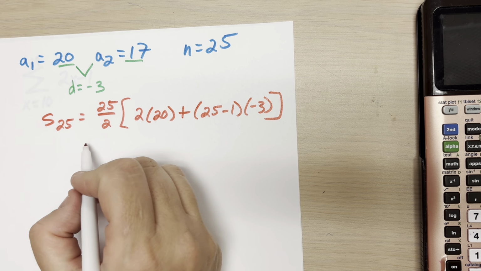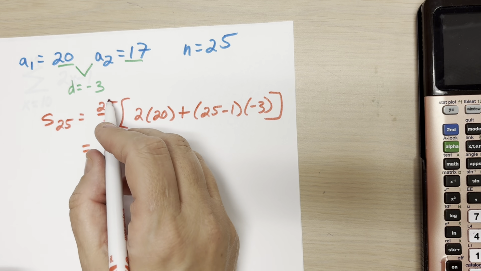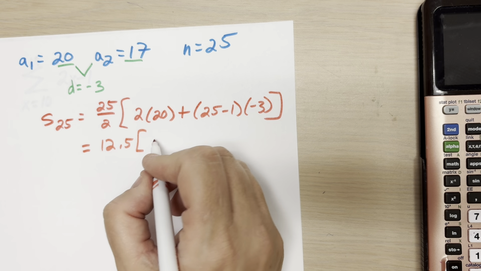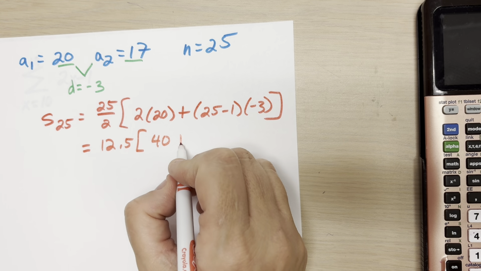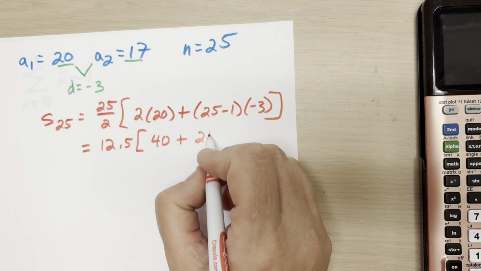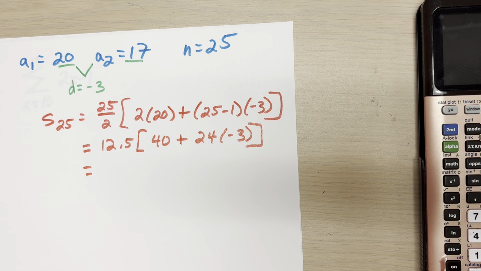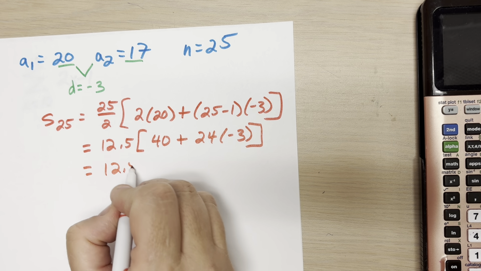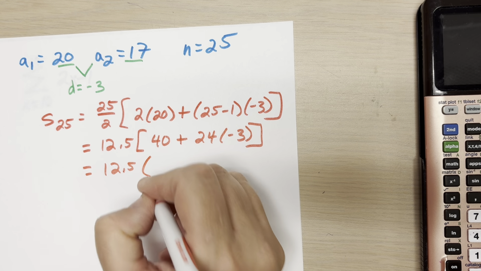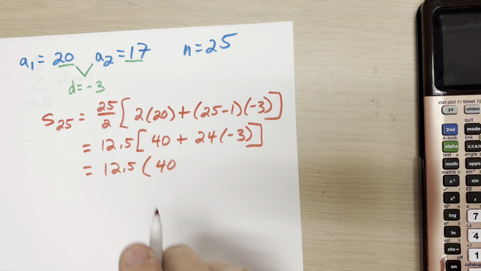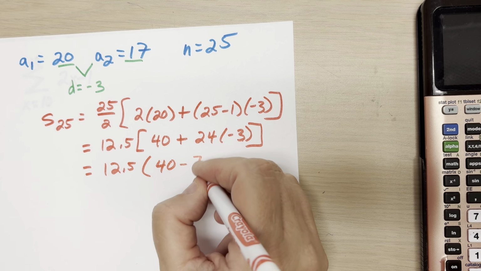Now that is a lot of numbers. All right, we got 25 divided by 2, that's 12.5. 2 times 20 is 40. 25 minus 1 is 24. I think I'm going to have to calculate some of this. 24 times -3 is -72.